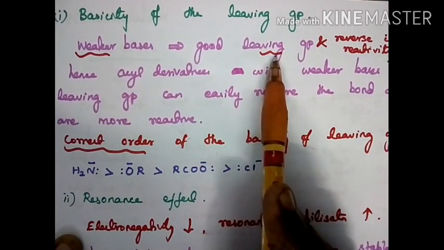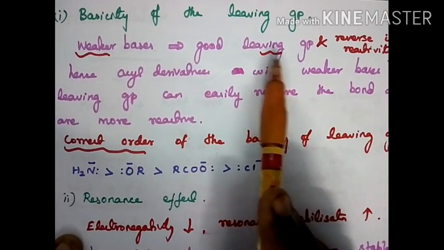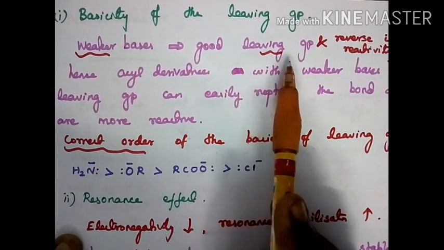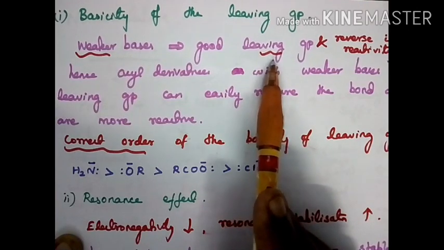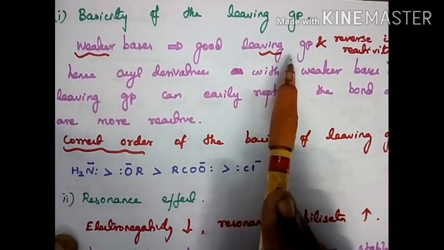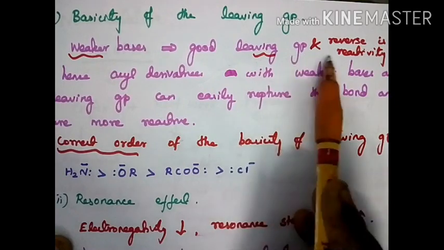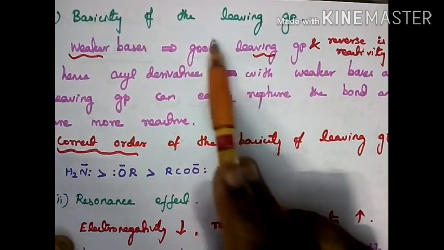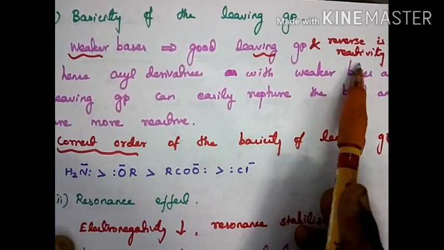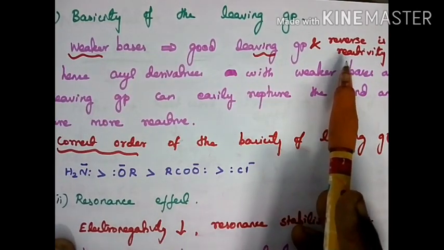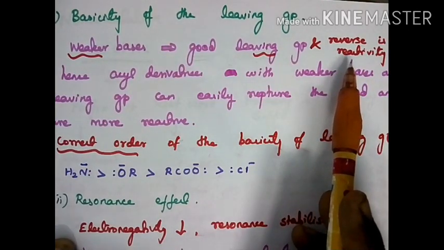What is the meaning of leaving? It has a tendency to break the bond and easily goes out. That is called leaving. So a good leaving group is a weaker base, and it has a weak tendency to react with other compounds.